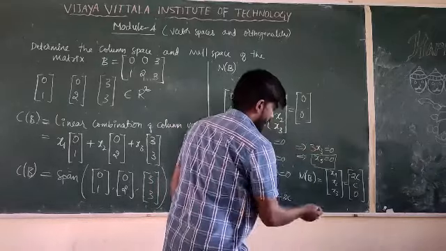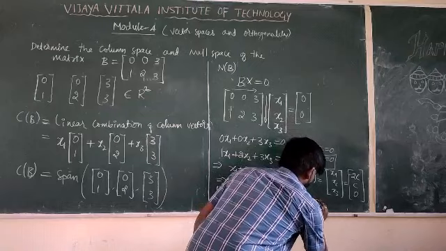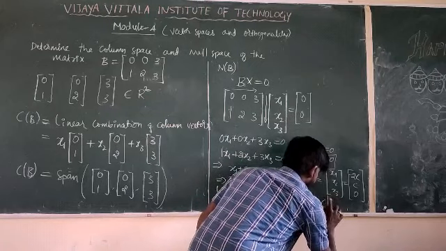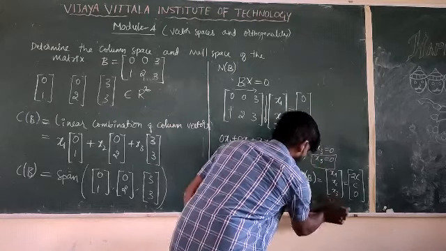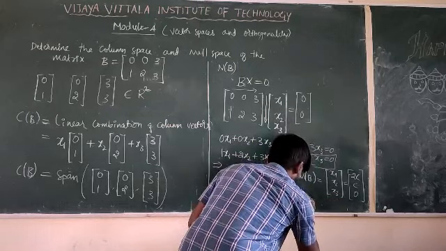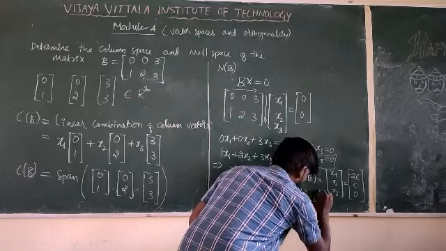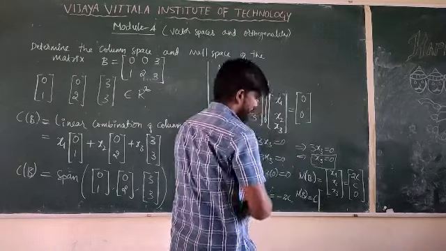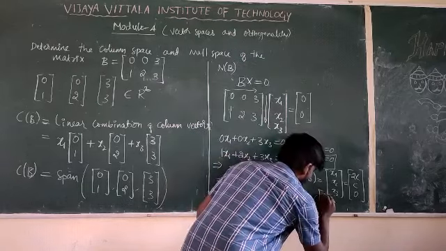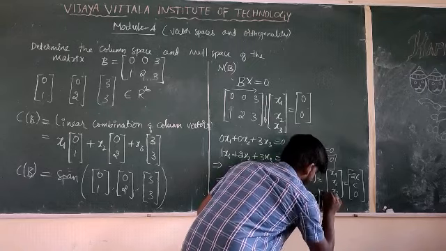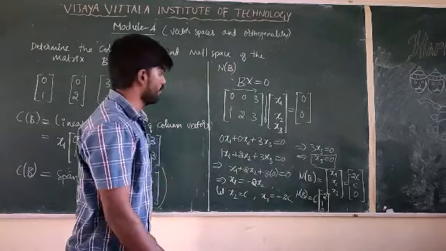Therefore, we take C common. Then N of B equals C into the column vector minus 2, 1, 0. This is the null space of the given matrix B.